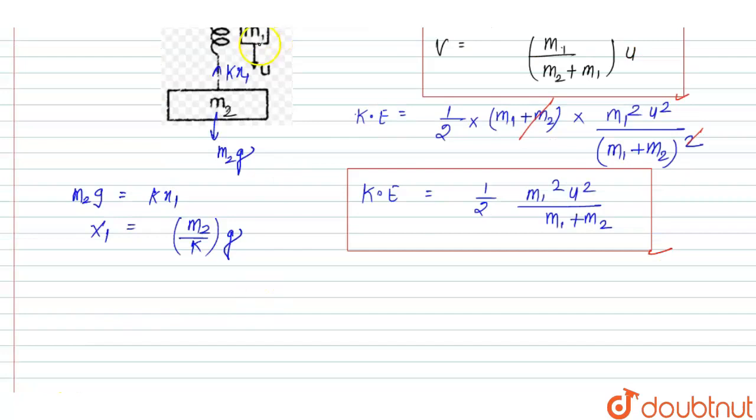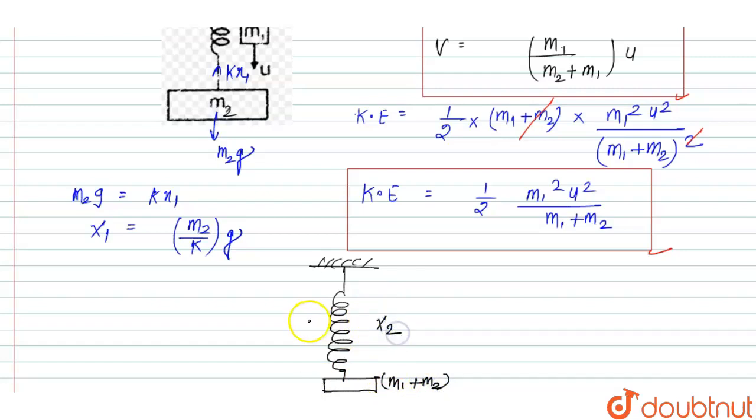When m1 sticks to m2, the combined system looks like this. Let us consider this is the combined mass m1 plus m2, the extension is x2 and k is the spring constant.